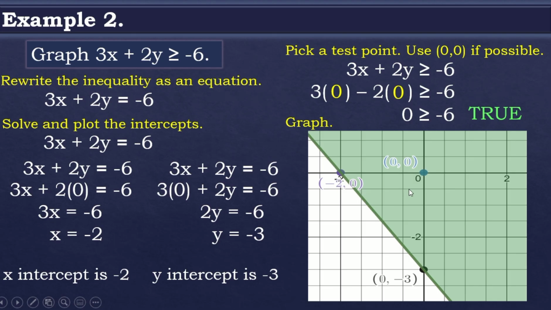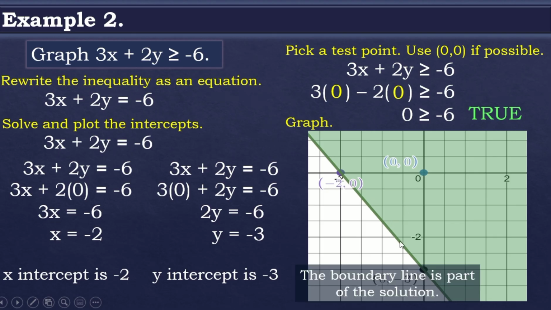Therefore, yung negative 2, 0 and 0, negative 3, as well as lahat ng points na nandiyan sa line are all part of the solution. Bakit? Kasi solid siya. Pag solid, kasama yung mga points na nasa line. Including, syempre, yung shaded region. So, lahat ito ay solution. And this is the graph of 3x plus 2y is greater than or equal to negative 6.